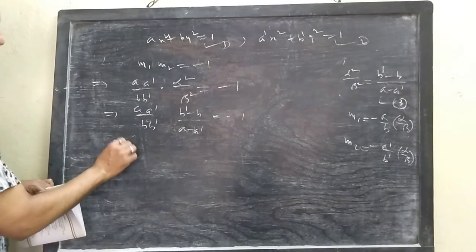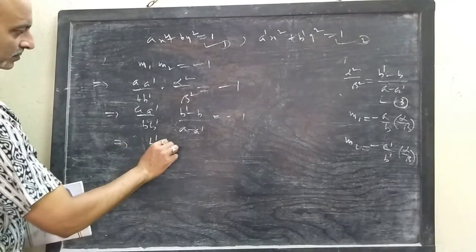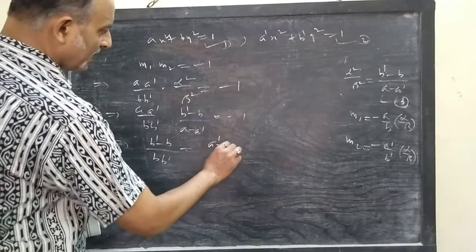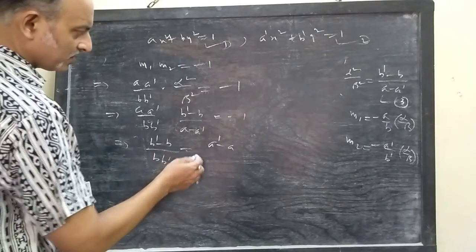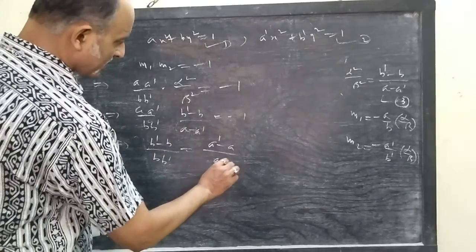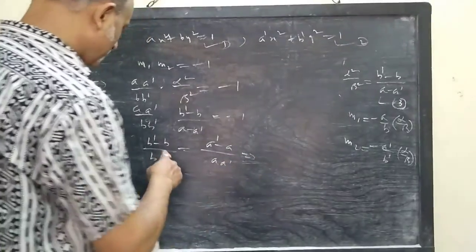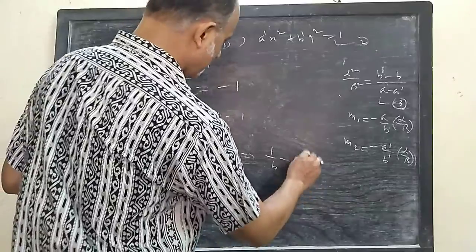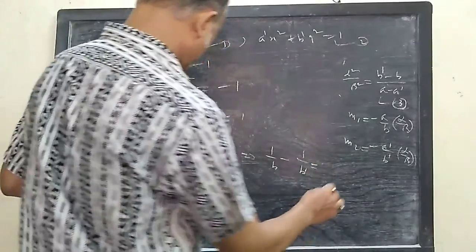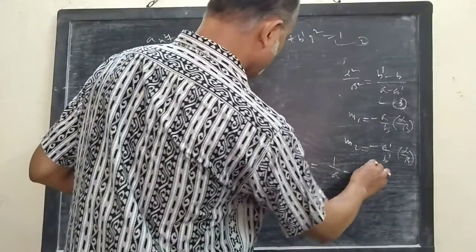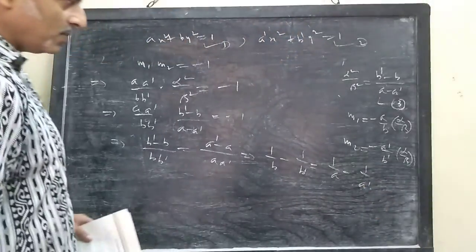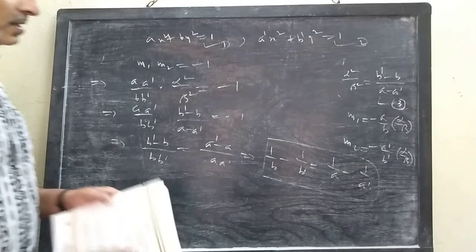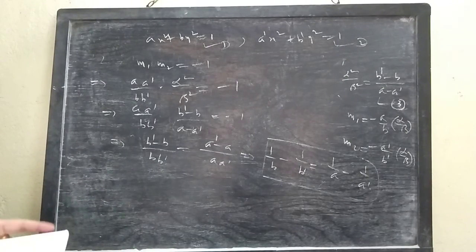So you get (b dash minus b) by b dash equals (a dash minus a) by a dash, because of the minus 1. So you get 1 by b minus 1 by b dash equals 1 by a minus 1 by a dash. This will be the required condition under which the curves are mutually orthogonal.